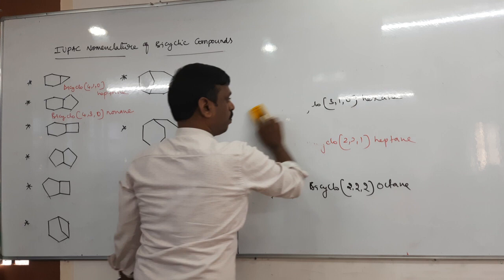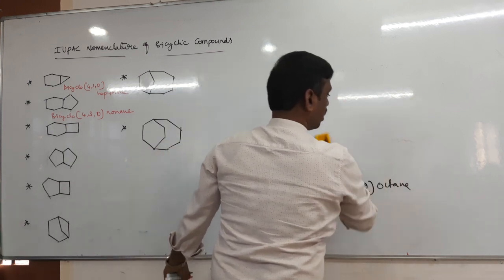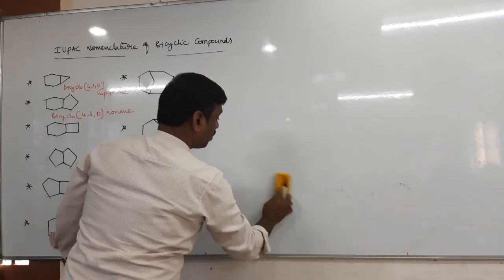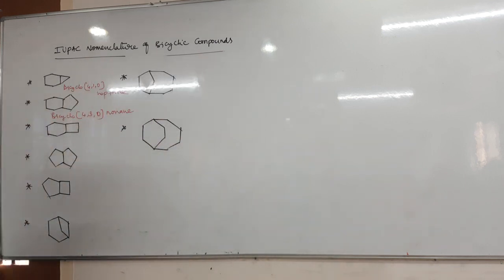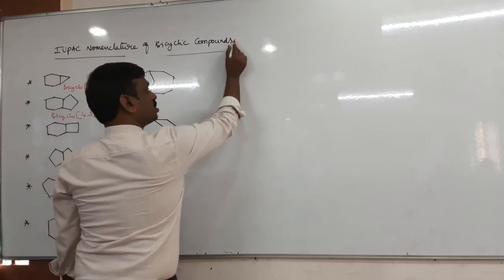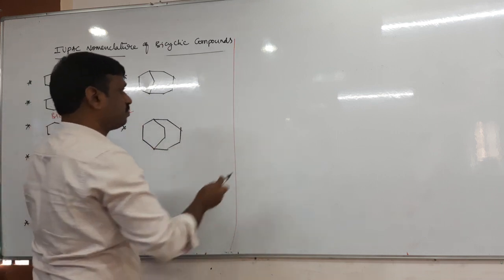Right, so this is the IUPAC nomenclature of bicyclic compounds. That was a simple bicyclic compound, but suppose there is a substituent or functional group or multiple bond, then what is the IUPAC nomenclature?